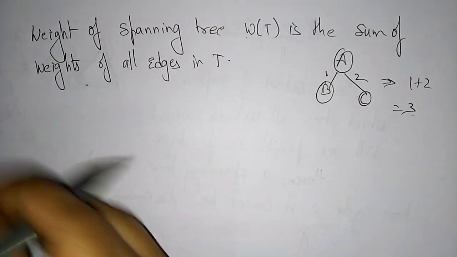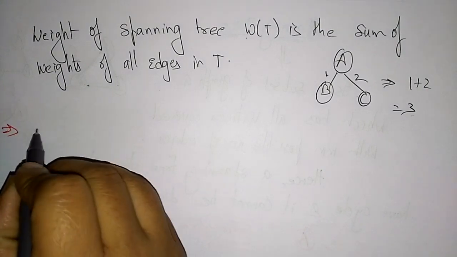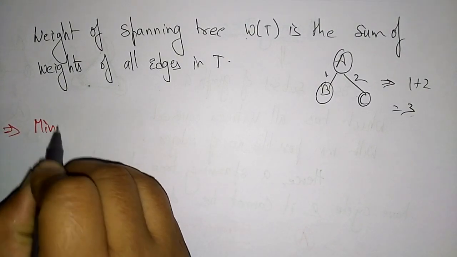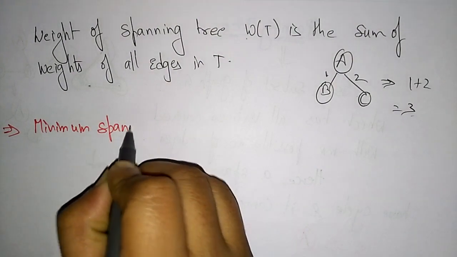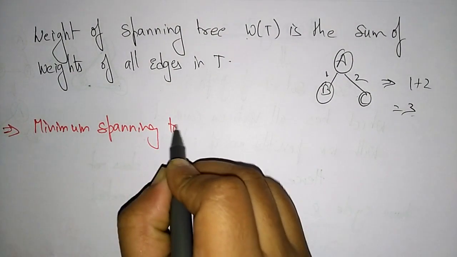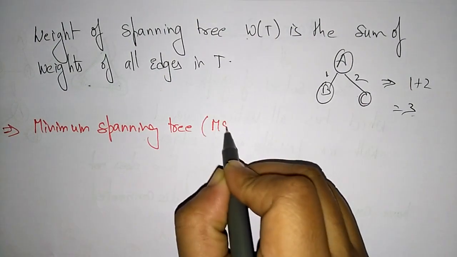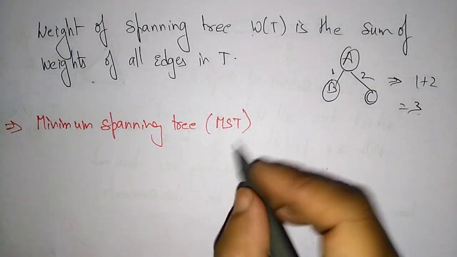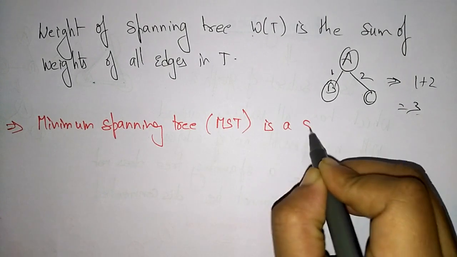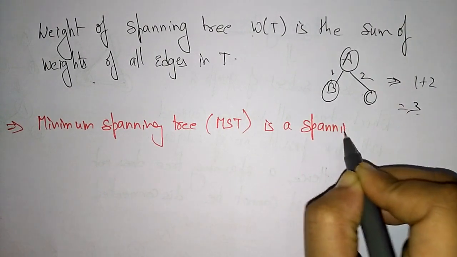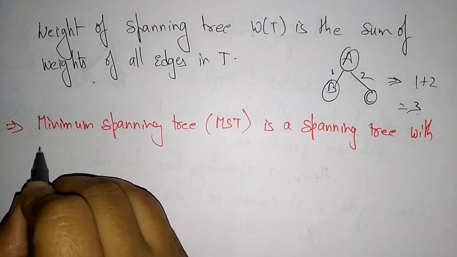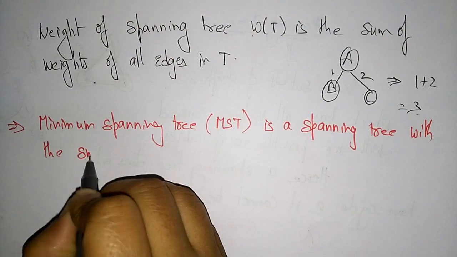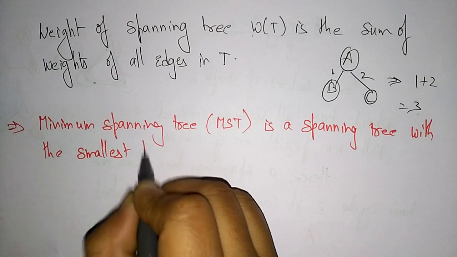And coming to the next point, the minimum spanning tree. So what is this minimum spanning tree? A minimum spanning tree is represented as MST. A minimum spanning tree is a spanning tree with the smallest possible weight.